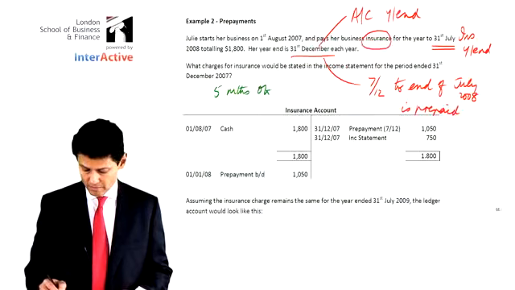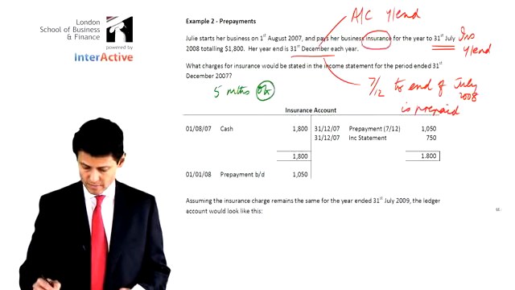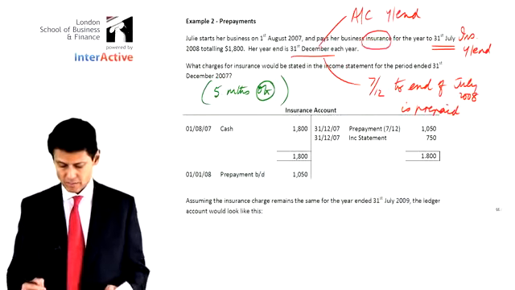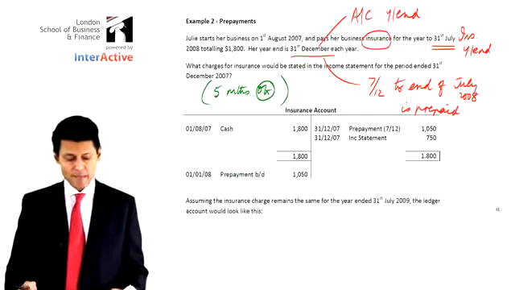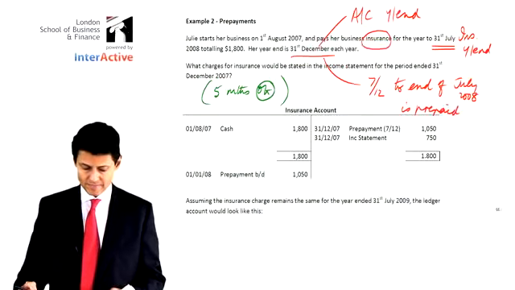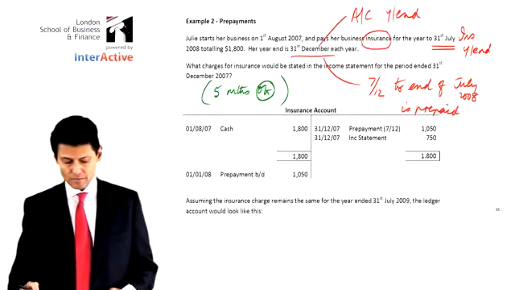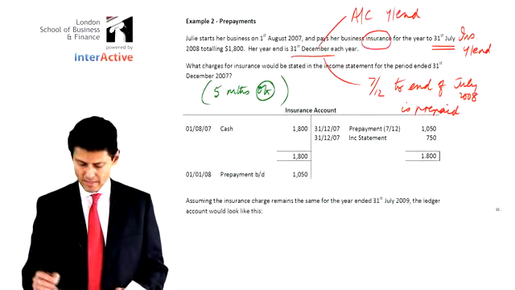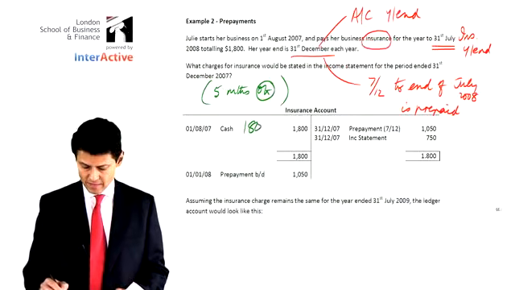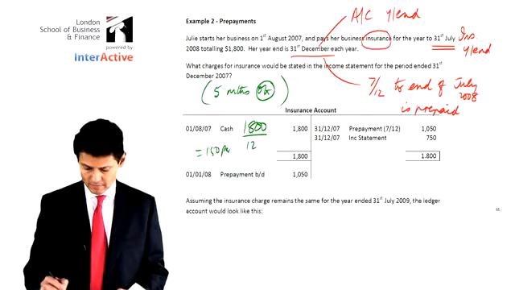So the 5 months are fine. It's just the 7 months I'm concerned with. Now, once you've paid your 1,800, the figure seems to be 1,800 divided by 12, about 150 per month.